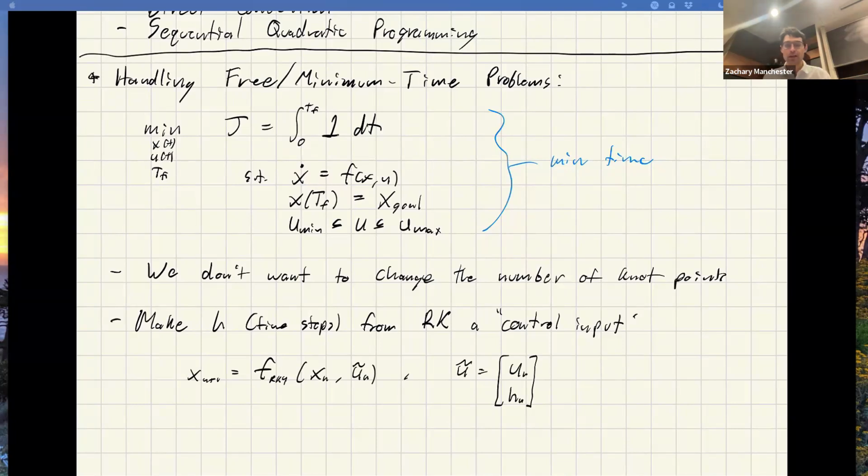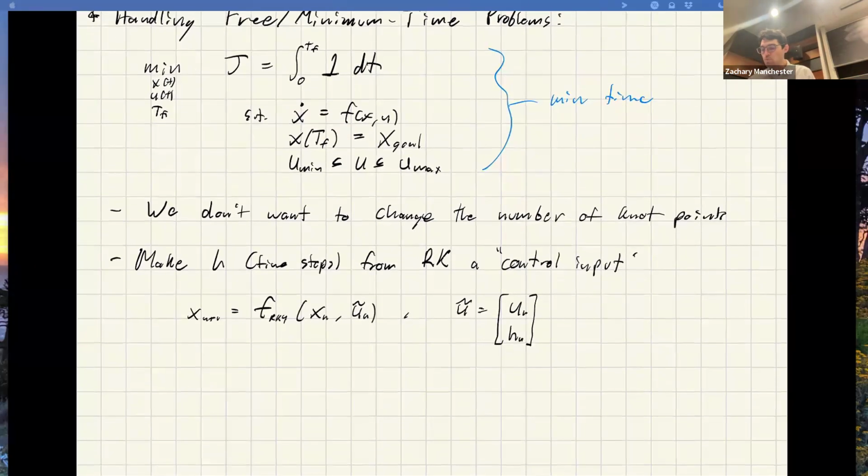You're done. To make this fully legit, you may also want to scale the cost function. We haven't really talked about this, but to make this all line up and be correct, you probably want to scale the cost by h. So the stage cost should also be multiplied by an h.